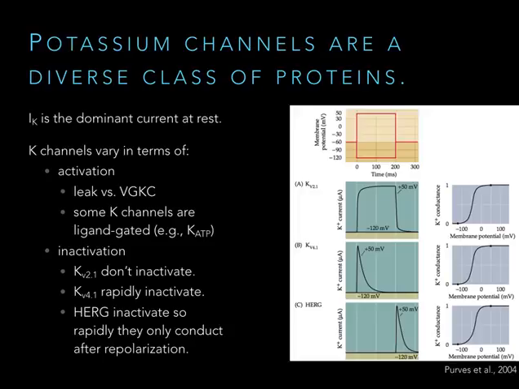So potassium channels are highly variable. I do want you to know about Kv 2.1 because those are your prototypical potassium channels. Okay, they're voltage-gated, non-inactivating potassium channels. Those are the ones that we think about whenever we're talking about your prototypical voltage-gated potassium channels in the action potential.